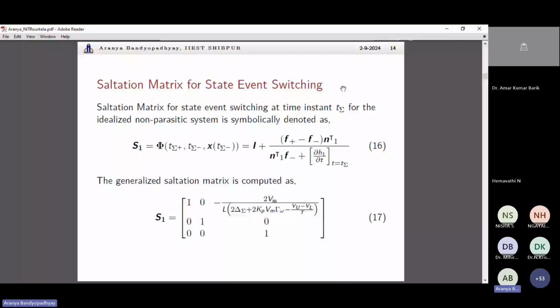Suppose your switching frequency is 10 kilohertz, then it will not be able to predict anything beyond, say, 1 kilohertz. Anything happening within 1 kilohertz, it will be able to predict.